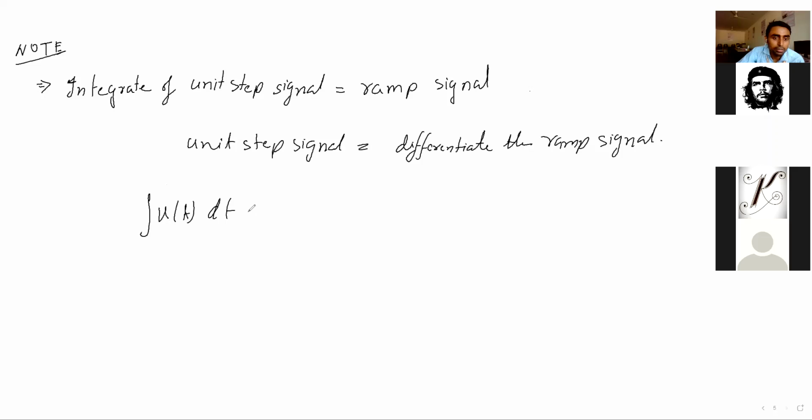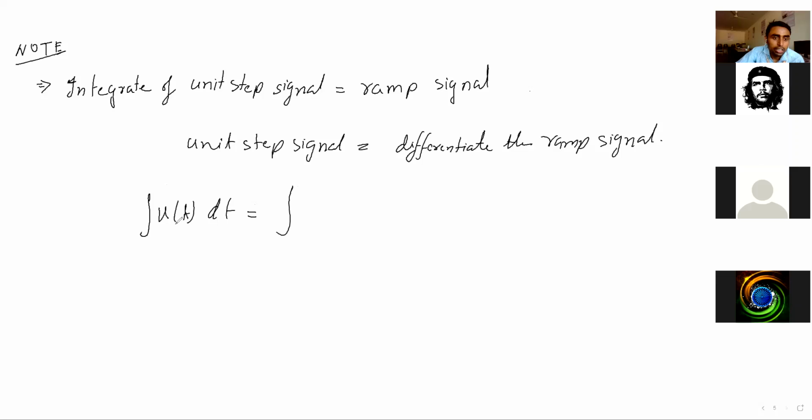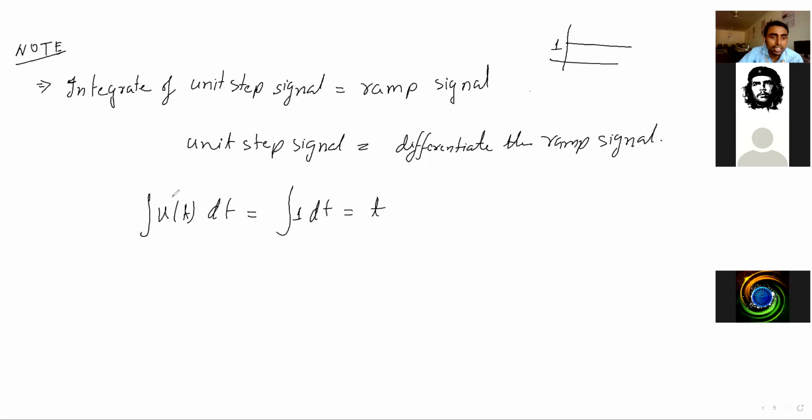The unit step signal is nothing but 1, so we put 1 here, then dt. What will the output be? Yes, t. So when we integrate the unit step signal, we get t.